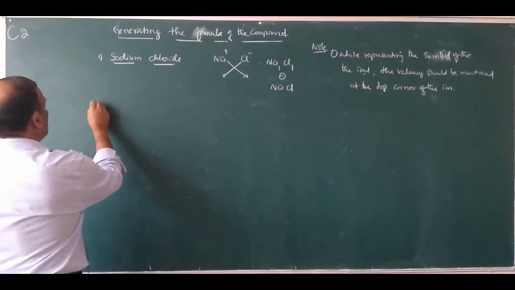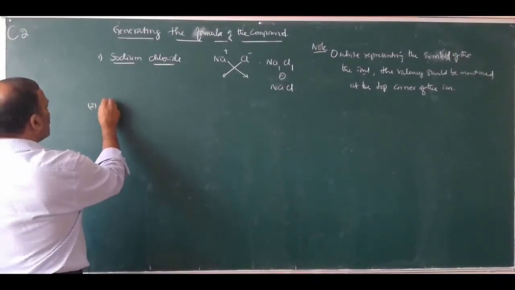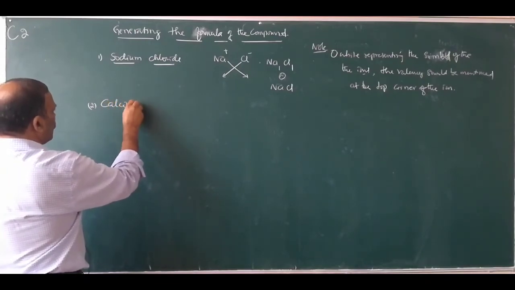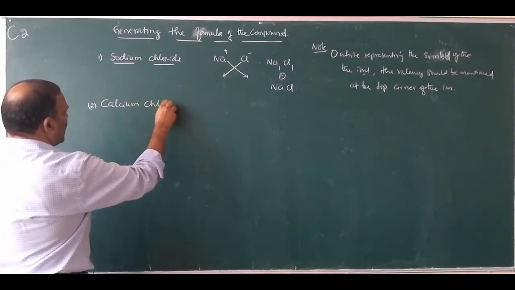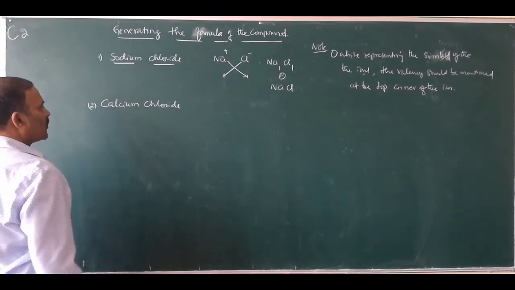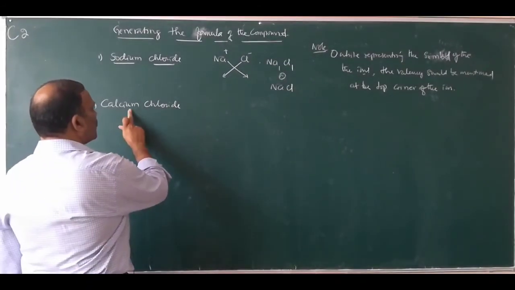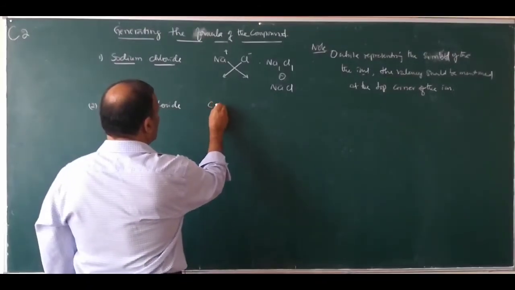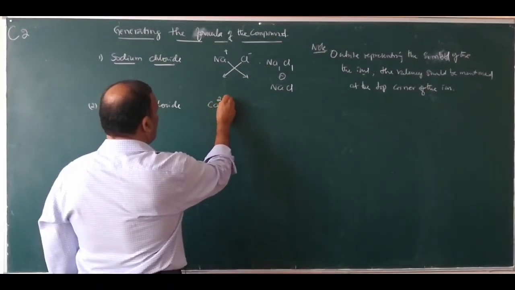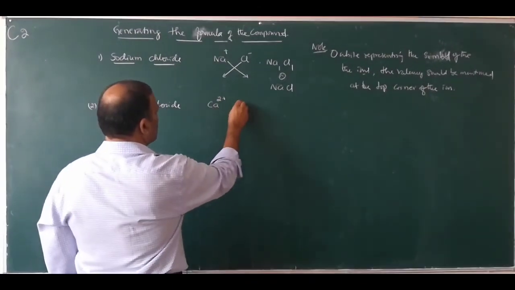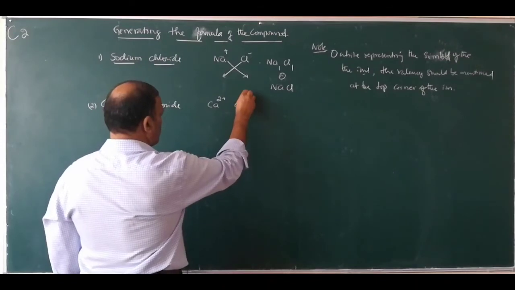Similarly, calcium chloride. What is the formula of calcium ion? Ca2+. Chloride ion is Cl minus 1.